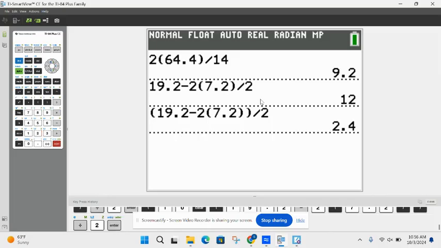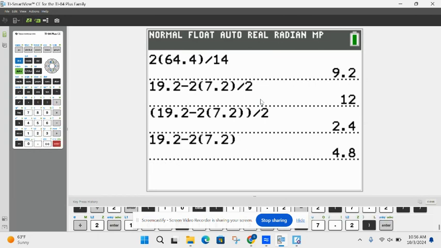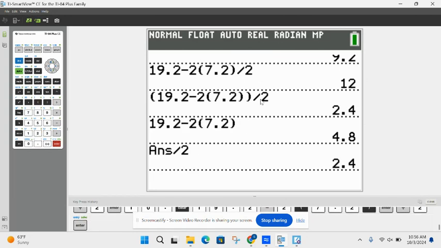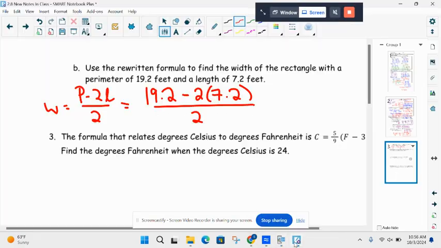Or you would just figure out the numerator first, which is 4.8, and then divide that by 2 separately, and then you get 2.4. So 2.4 feet.